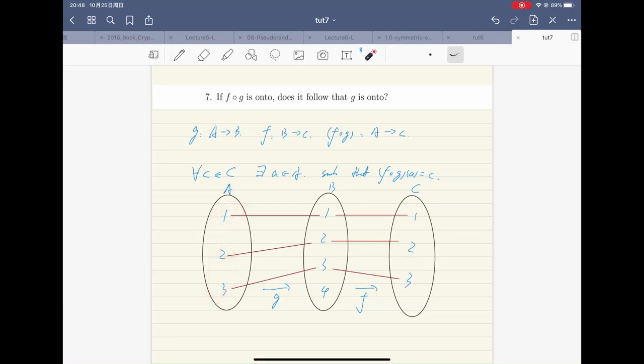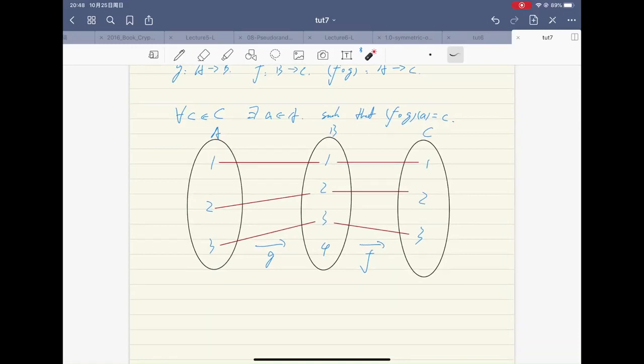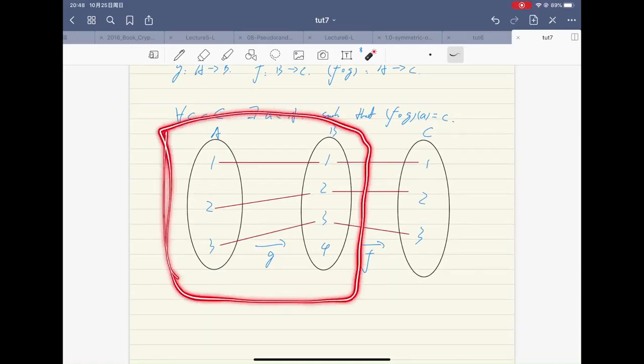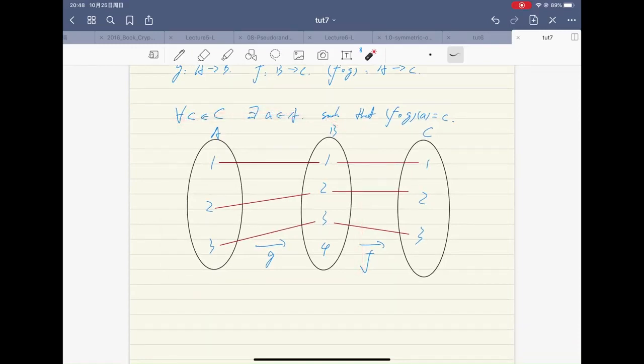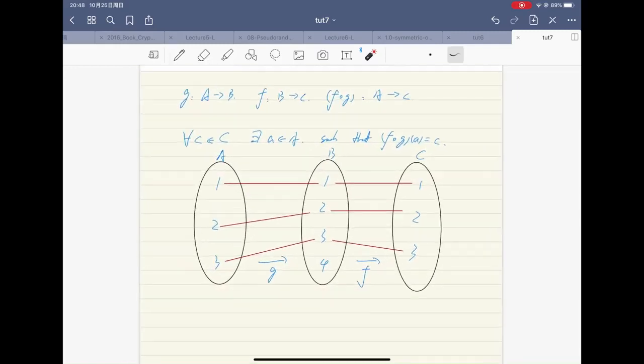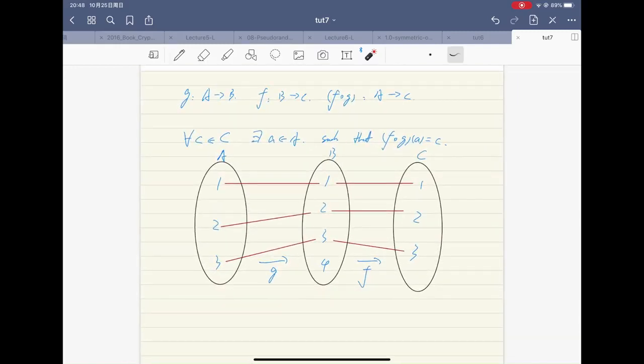But if we have a look at this part, for the function g that maps from A to B, here we can find an element 4 in the codomain B that does not have any associated value in the domain A that maps to the element 4.